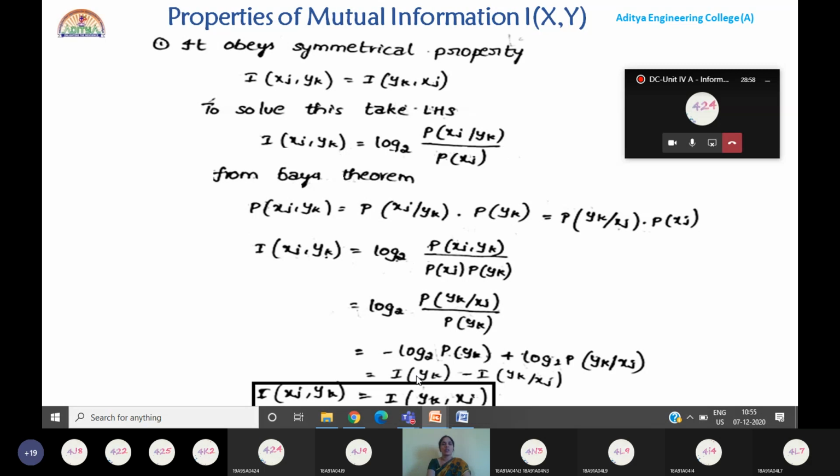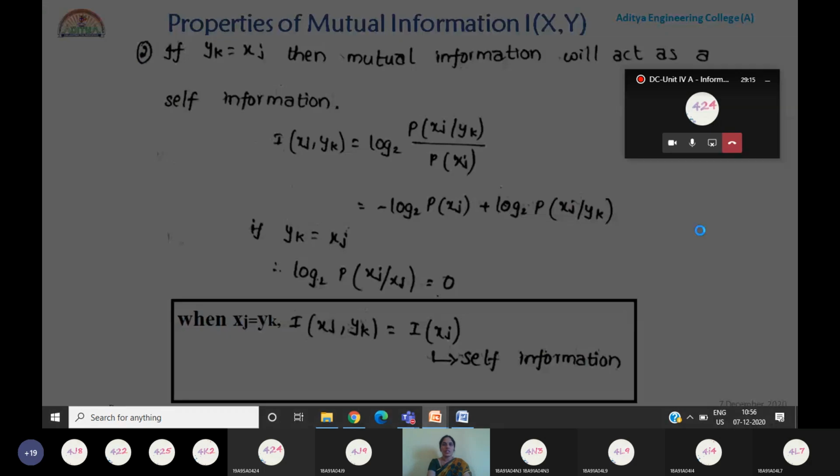The a priori information of the receiver is I of yk and the a posteriori information of the receiver is I of yk by xj. The difference is the mutual information of the receiver section. So finally we can say that our mutual information obeys the symmetrical property.